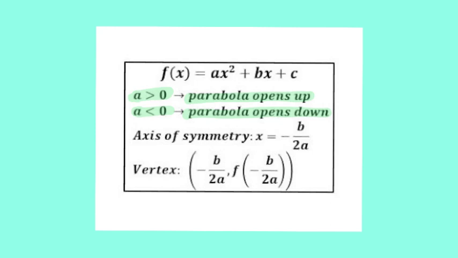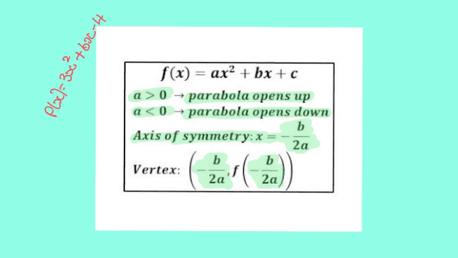It looks like an upside down U. You can find the axis of symmetry, which is always at x equals minus b over 2a, and the vertex is at the point minus b over 2a, f of minus b over 2a.